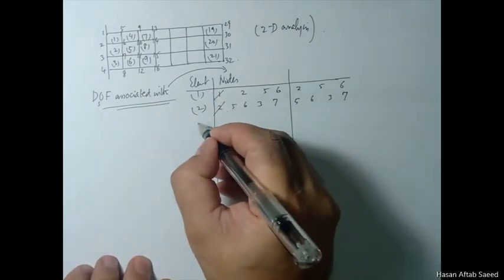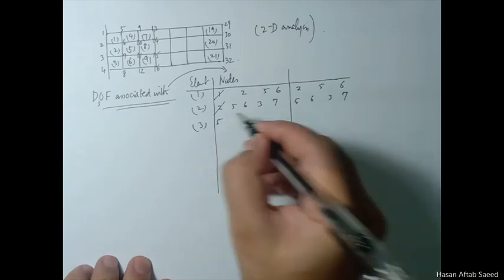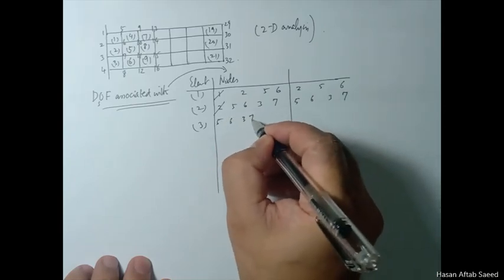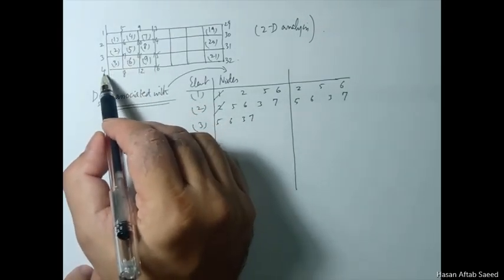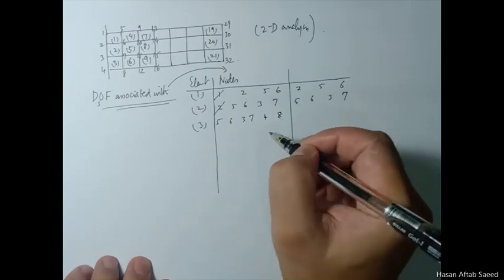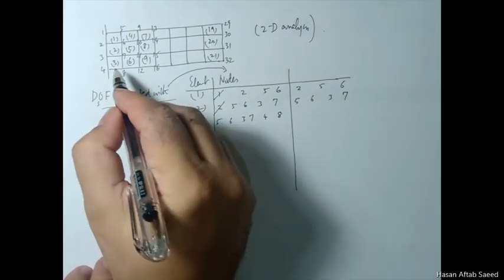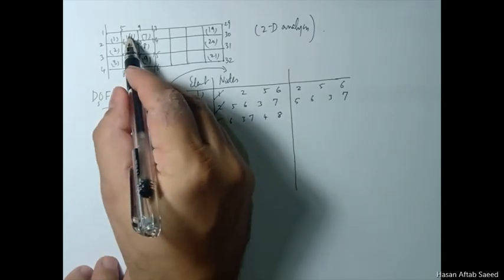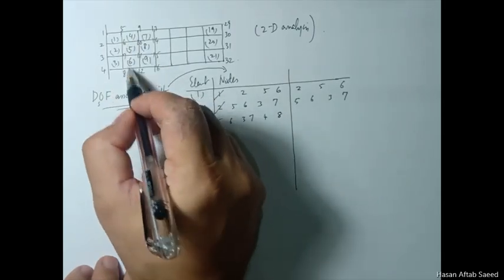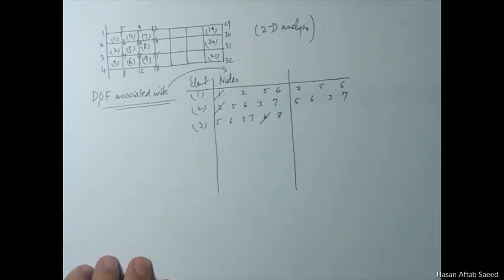Now we reach element number 3. For element number 3, 5, 6, 3, 7 are still in the working memory. They have to be. But for element 3, you have 4 and 8 also added, because they are part of element 3. And here you realize that node 4 is now irrelevant, because in element 4 onwards there is no reference to 4. Remove it.